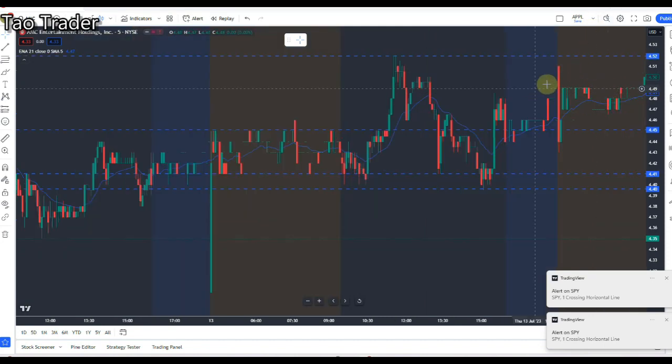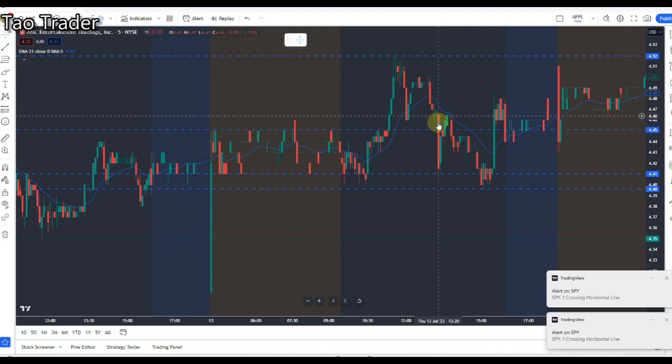Now let's talk about what resistance is. When the stock is going up in price, moving up, the top line up here, this is resistance. Okay? When it's going down in price, you hit a support line.